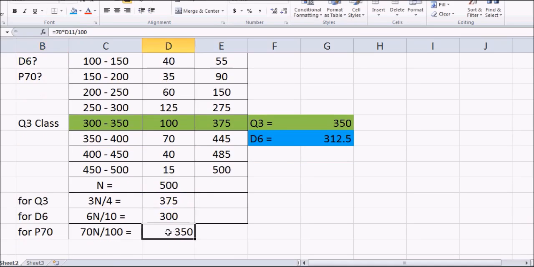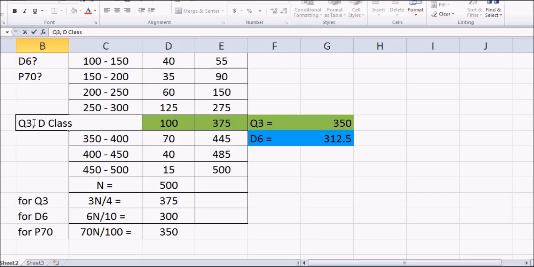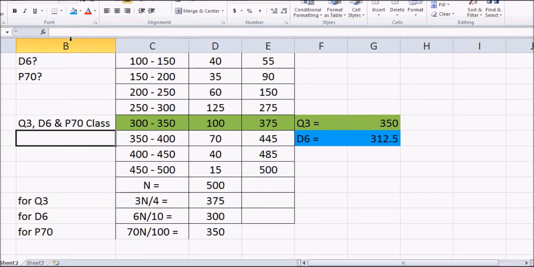So it is 350. I need the 350th data. Well, again, it's falling in the same class. You have all the three here. You have the Q3, you have D6, and P70. All of the three are here.